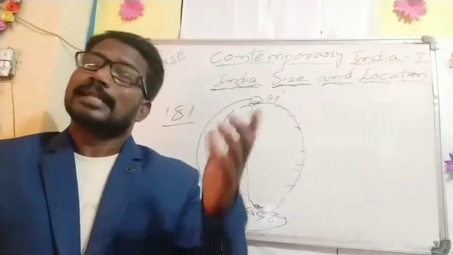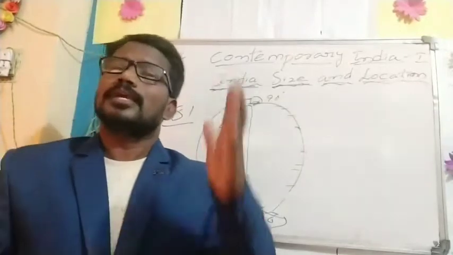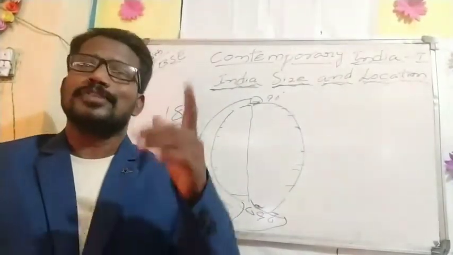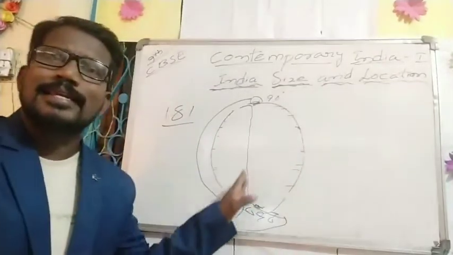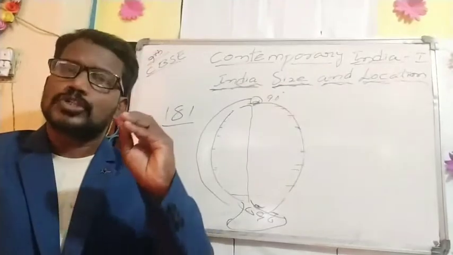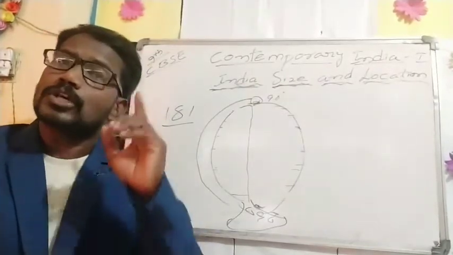The Thames is situated in a city called Greenwich. That is why the line is called the Greenwich line. The 0 degree longitude is the Greenwich line only.